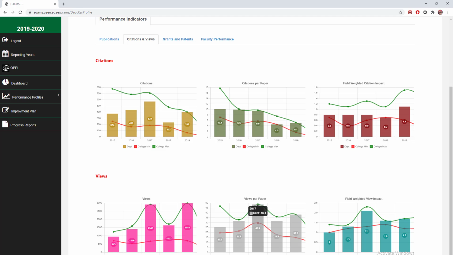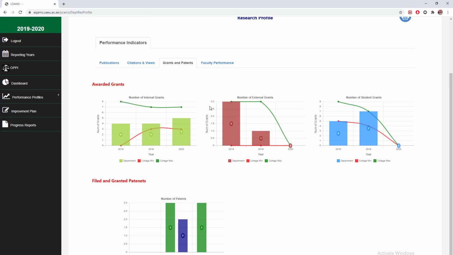Here is the views per paper, and again the field weighted view impact shows that the papers published by the department attract more views than the average, so they have more impact in the field.